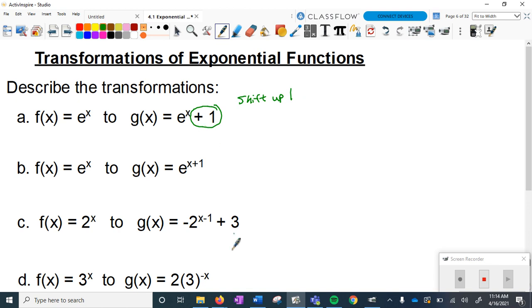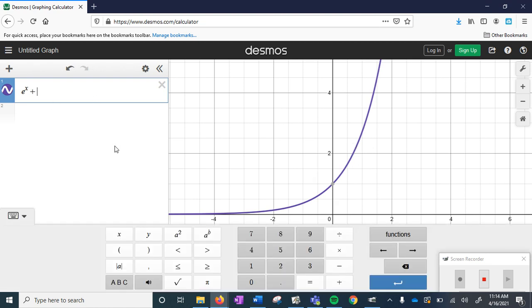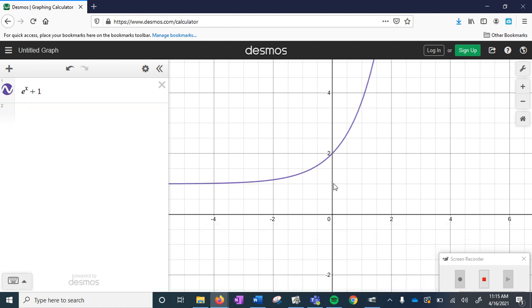So if I shift that whole thing up 1, now the horizontal asymptote is no longer going to be at 0. Now it's going to be at 1. Again, if I visualize that happening, shifting this whole thing up 1, if I tack on a plus 1, I can see that horizontal asymptote now is at y equals 1. Okay?